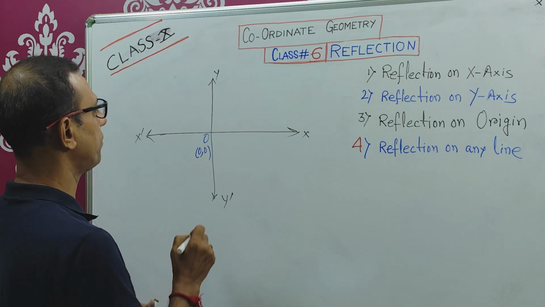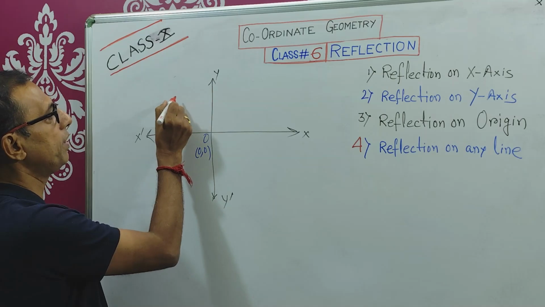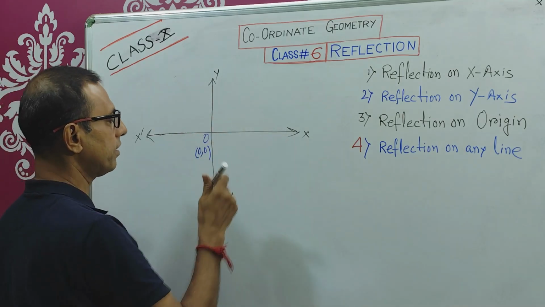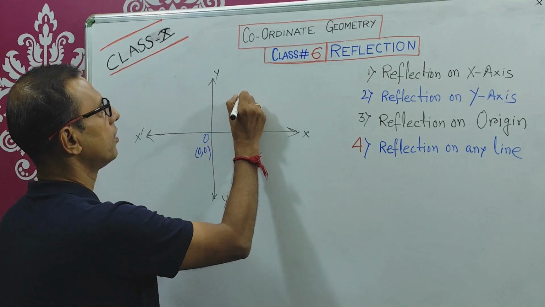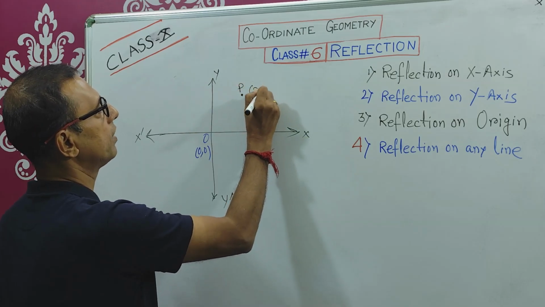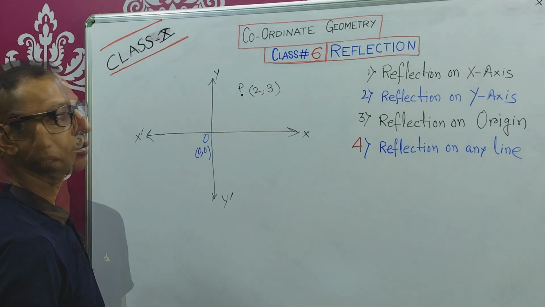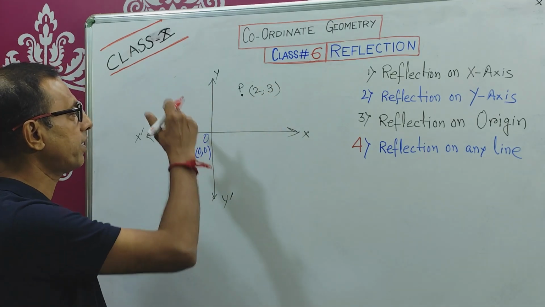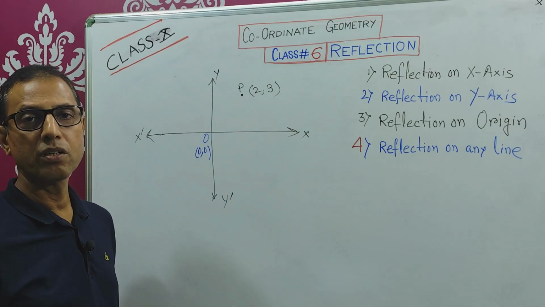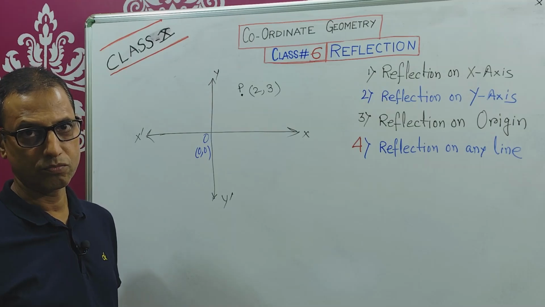So if the reflection is on the origin, let's say this is a point P, the coordinate is (2, 3). It will reflect on the origin. Obviously both the signs will change, right?